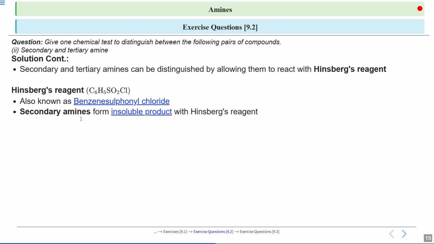Secondary amines, when they react with Hinsberg's reagent, which is benzene sulfonyl chloride, form insoluble sulfonamides, while tertiary amines do not react. If we talk about this reaction, this is Hinsberg's reagent, benzene sulfonyl chloride.